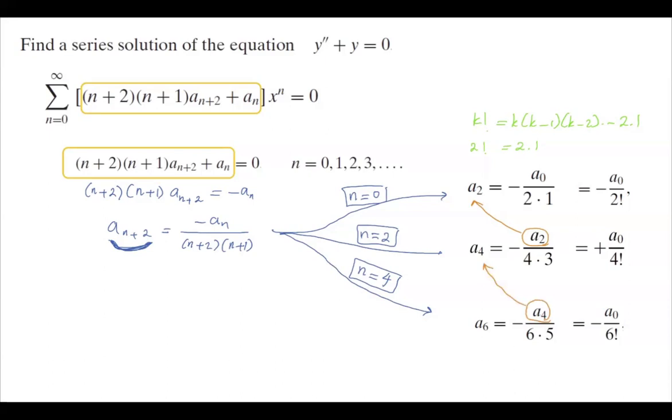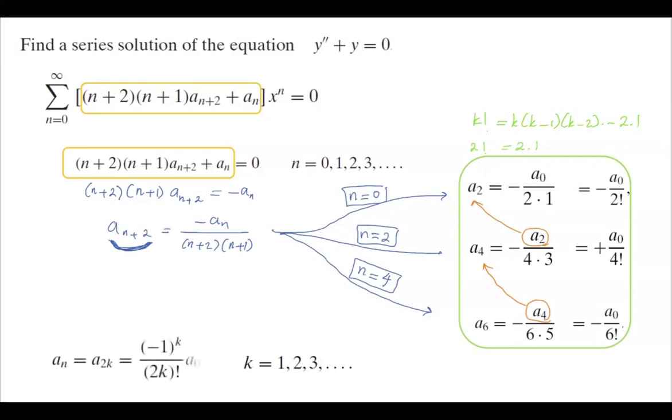Just substitute that, and you can find all of these even indices in terms of a sub 0. So basically, you have the following. A sub 2k for the even indices is equal to negative 1 to power k divided by 2k factorial times a sub 0. So we found a recursive relation for even indices.